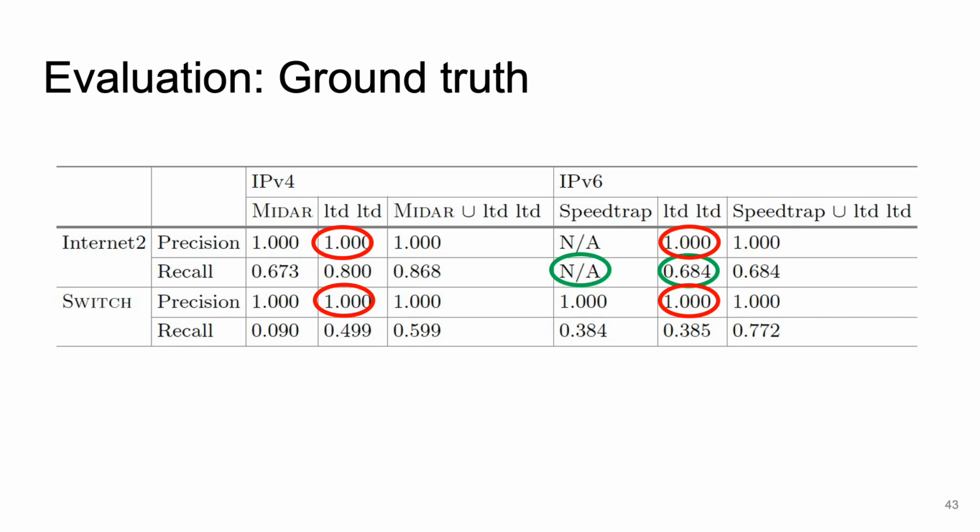But LIMITED was able to reveal some aliases from the Internet2 network. And SpeedTrap and LIMITED are complementary because the transitive closure of the two brings a better recall than the recall of the tools taken separately.